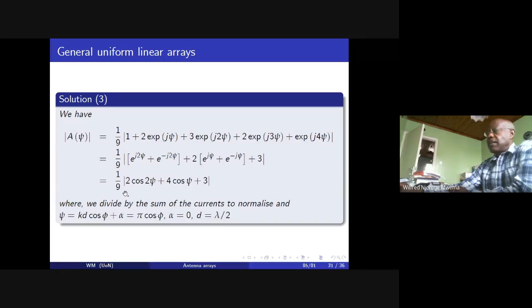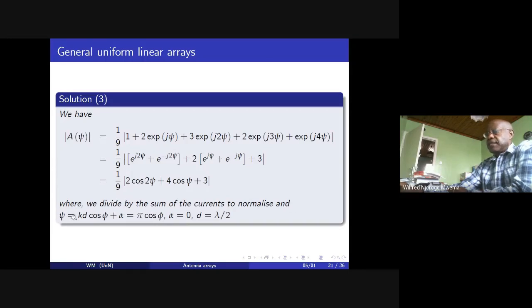And we get a value of about 1/9 times (2 cos 2ψ + 4 cos ψ + 3). So we divide by the sum of the currents so that we normalize the array factor to unity. We remember the current is not uniform. That's why we are not using the 5 elements here, but we are using the total value of the current, which is about 9.